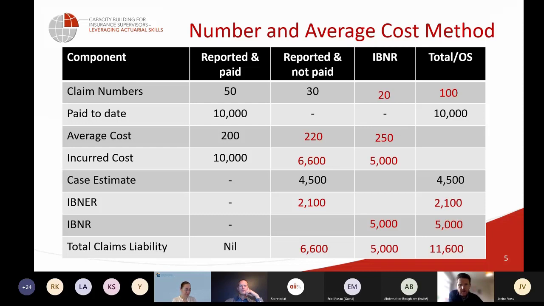So what's challenging here, and what is a key assumption, and we talked a little bit about this yesterday, and we'll get into that in the case study, is what are the key assumptions if the actuary is using this approach? One of the first ones is the percentage developed.